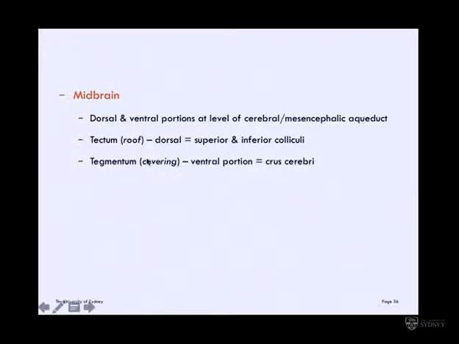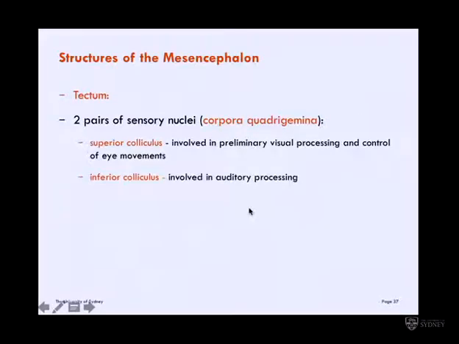The tegmentum region, I'm sure we'll show you some images shortly, contains the ventral portion of the midbrain. It's also referred to as crus cerebri. Those two pairs of nuclei that you see are referred to as corpora quadrigemina, because there are 4 corpora quadrigemina.